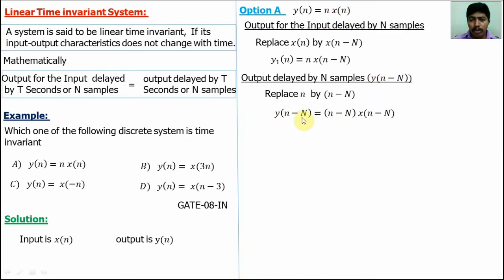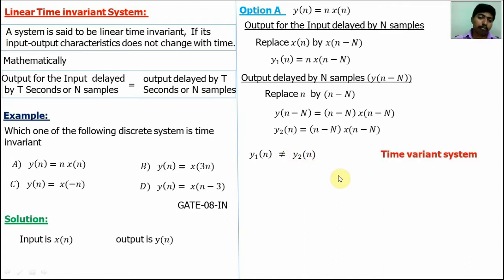This output is taken as y2. So y2 of n is equal to n minus n into x of n minus n. Whether both are the same: y1 of n and y2 of n are not the same. So the system is a time variant system. So option A is wrong.